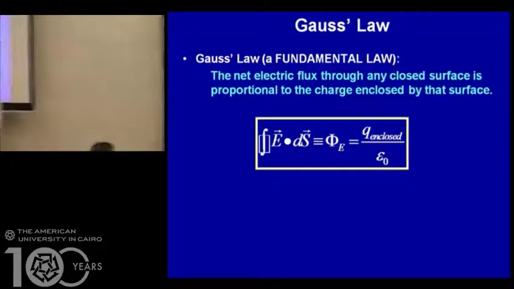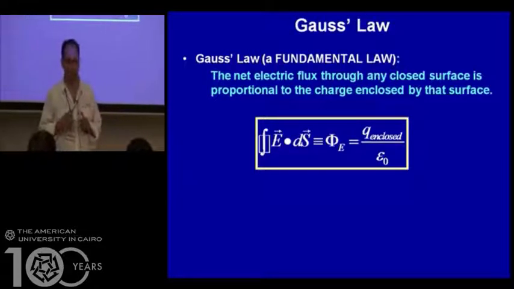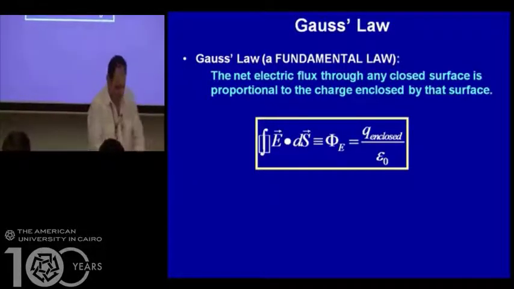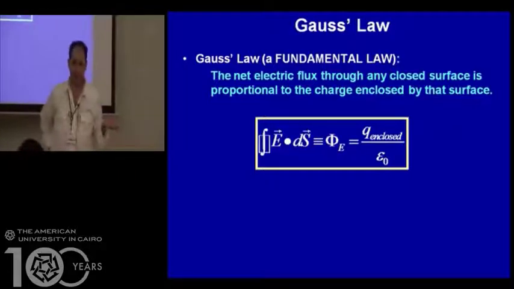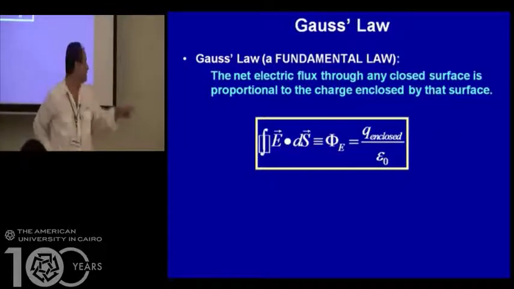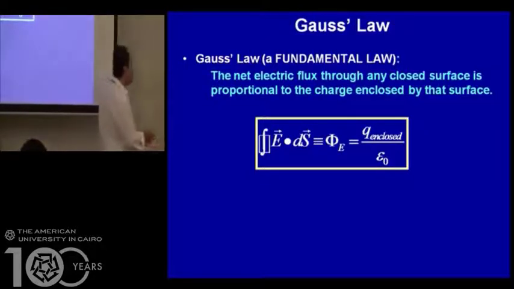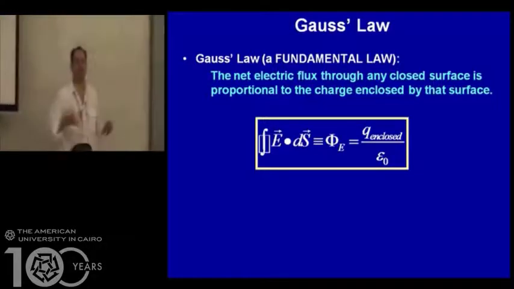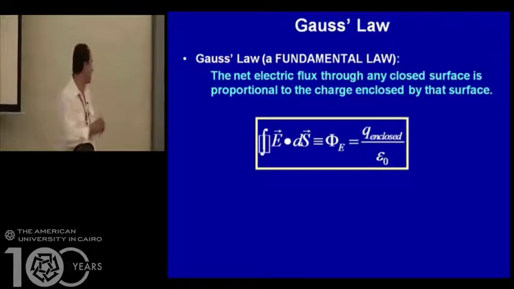When we use Gauss's law, we have to have a symmetry. And if you look at any shapes, we're going to have either a spherical symmetry or cylindrical symmetry. That wire has a cylindrical symmetry. So we draw an imaginary virtual cylinder around that wire.